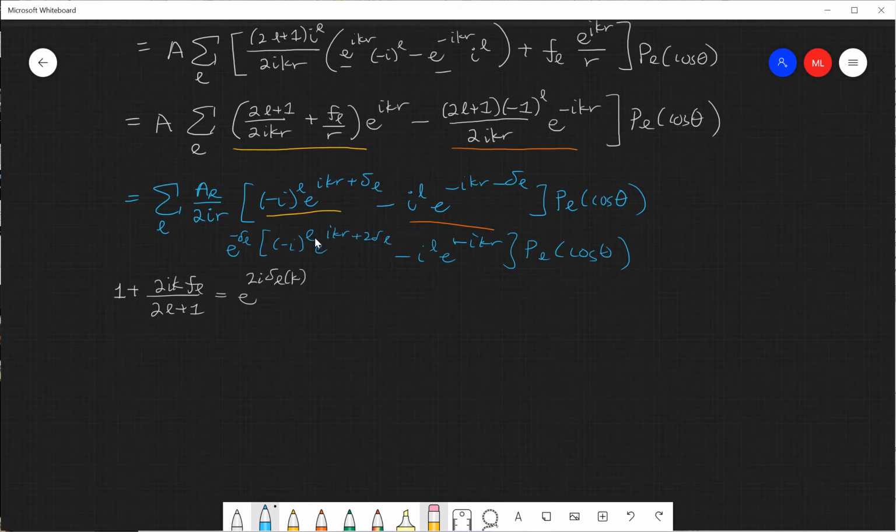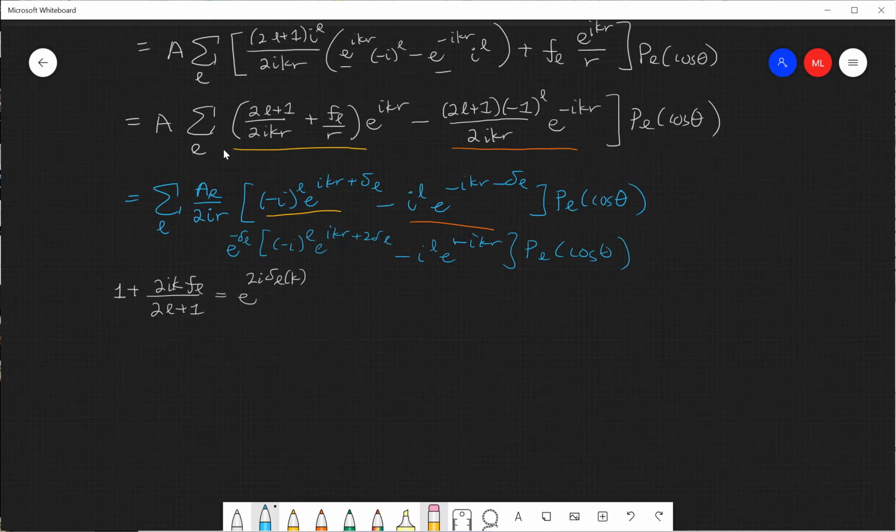Again, you set the coefficients in front of the e to the iKr's equal to each other. The reason you extract this is because you want to make sure that this doesn't depend on any phase shifts, because it has to just be equal to something simple. So it's really the f's that depend on the phase shifts.